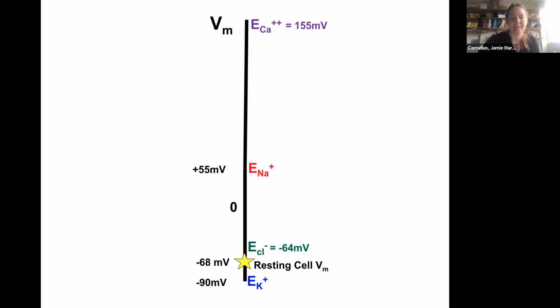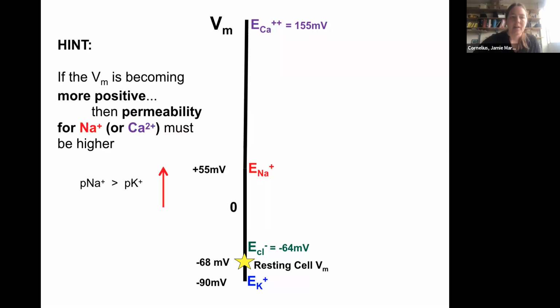One hint I want to give when you're thinking about which ion must be moving in order to generate a given membrane potential is that if the membrane potential is becoming more positive, if it's increasing, then the permeability must be higher for sodium or calcium.